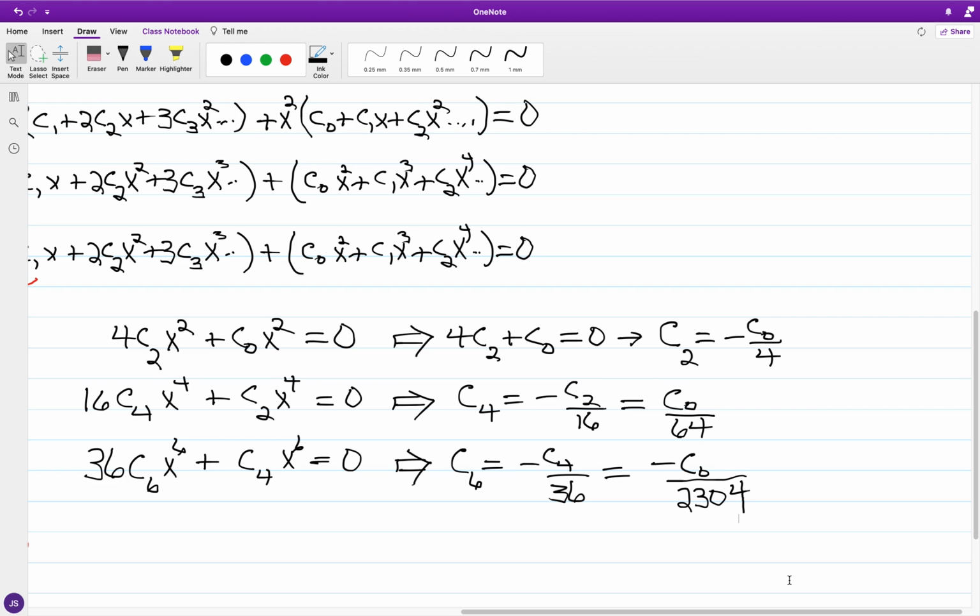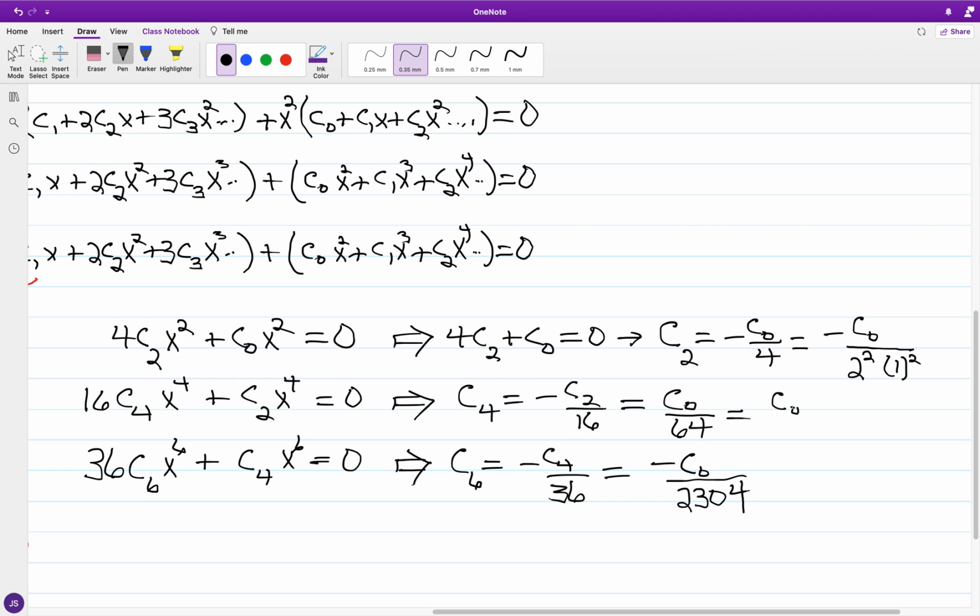And so we have, for negative c naught over 4, the negative of c naught, and this will be all over 2 squared times 1 squared.